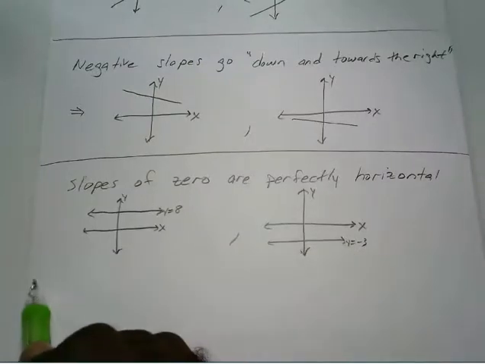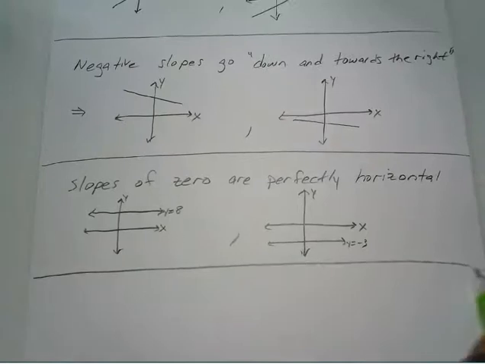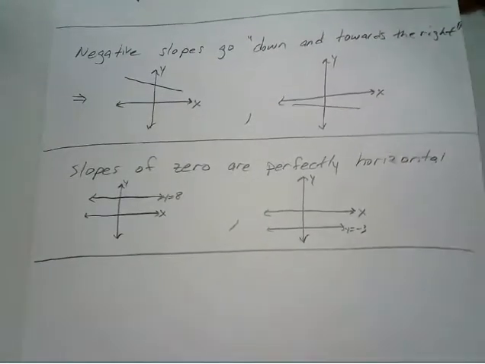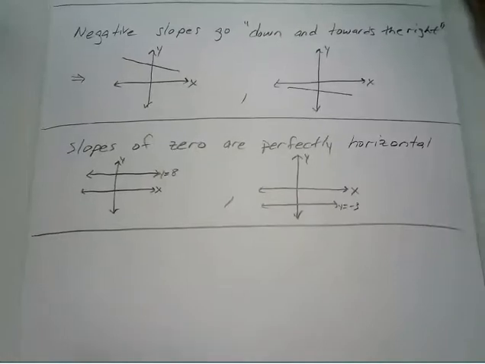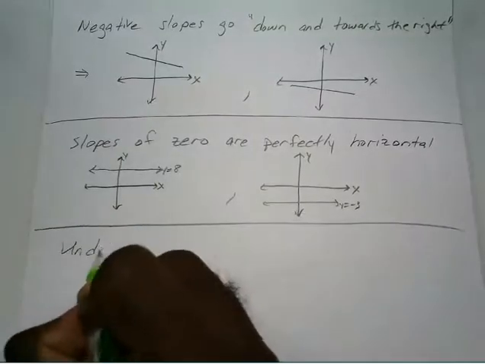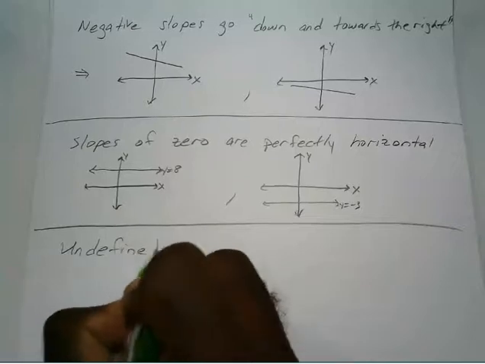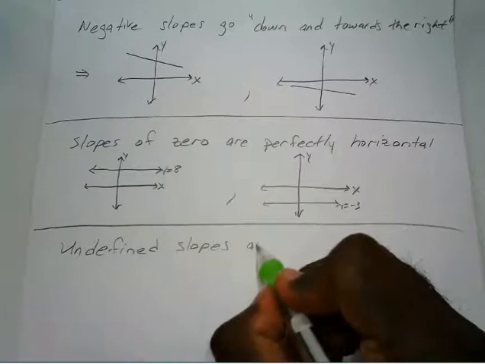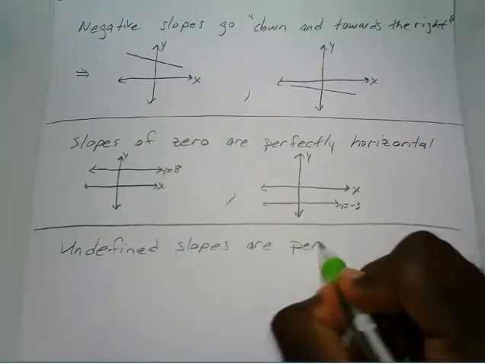Okay? And last but not least, let me move this up a little bit. Here we go. Undefined slopes are perfectly vertical.